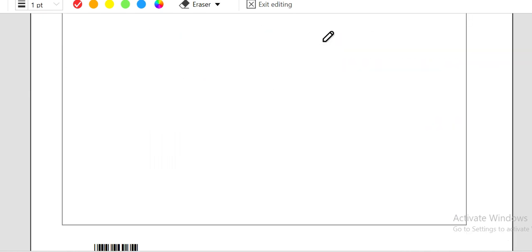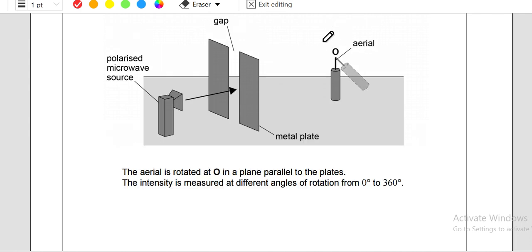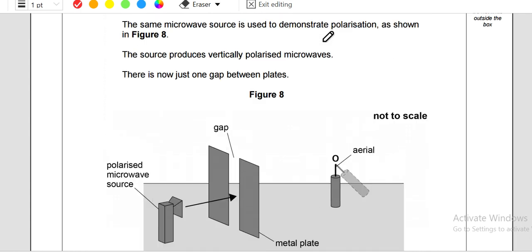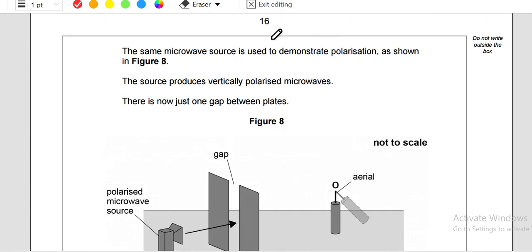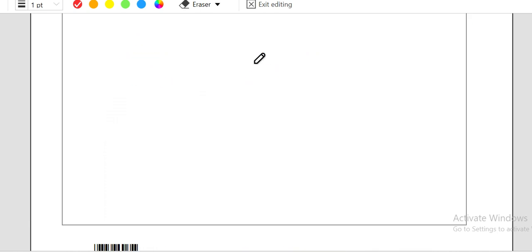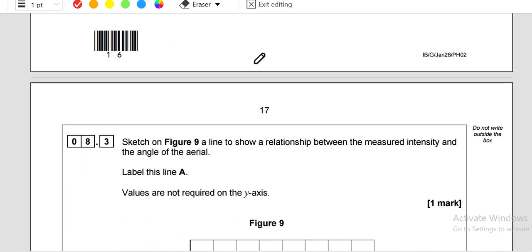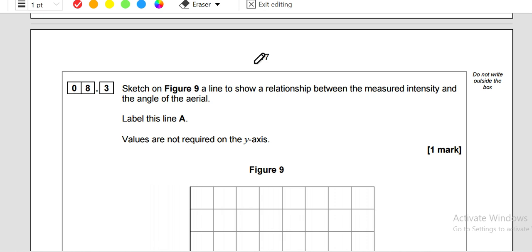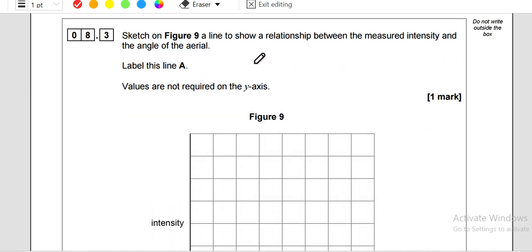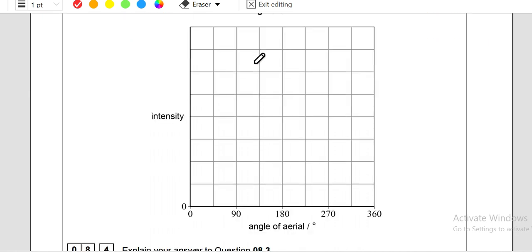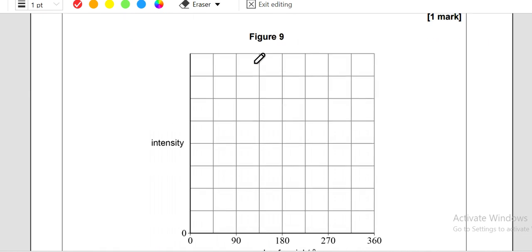As the radiation is vertically polarized, we expect that intensity drops to 0 when the angle between the aerial and the waves is 90 degrees.